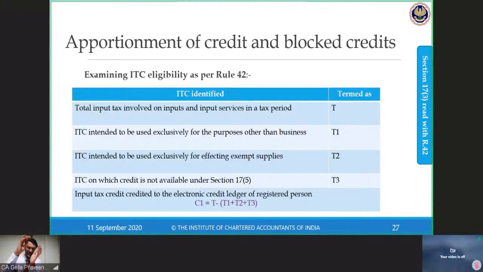Out of my total credit, I derive C1, the input tax credit I can push into my electronic credit ledger. How do I get it? From T, eliminate T1, T2, T3.